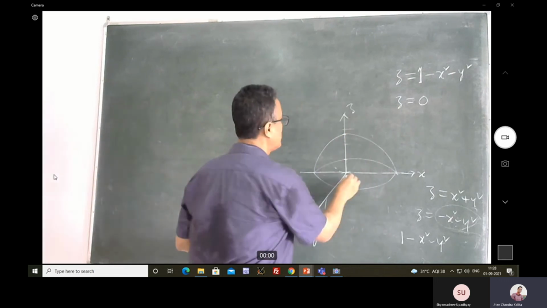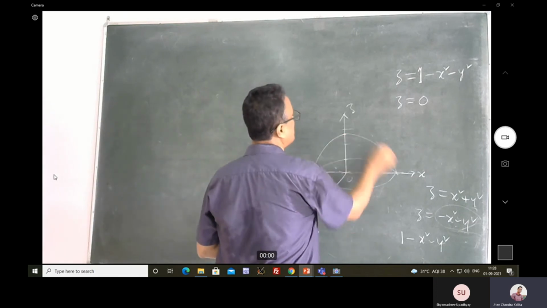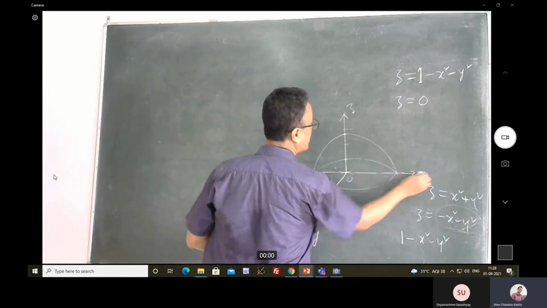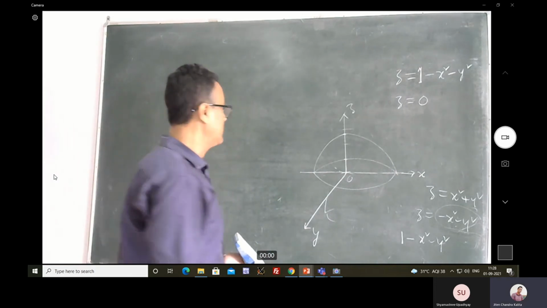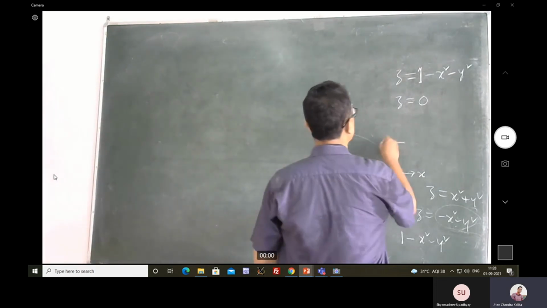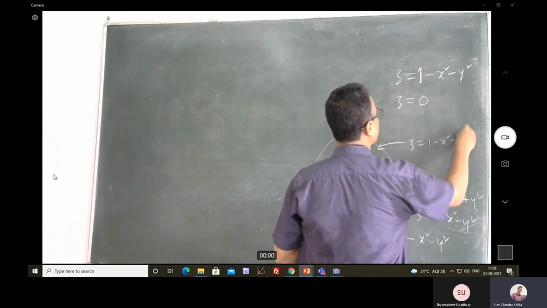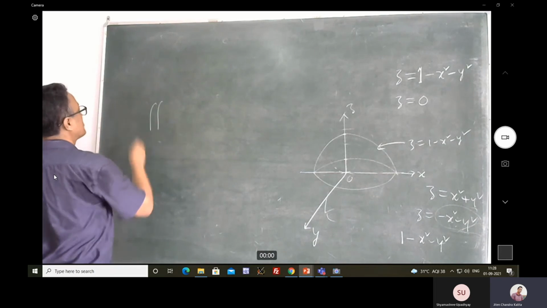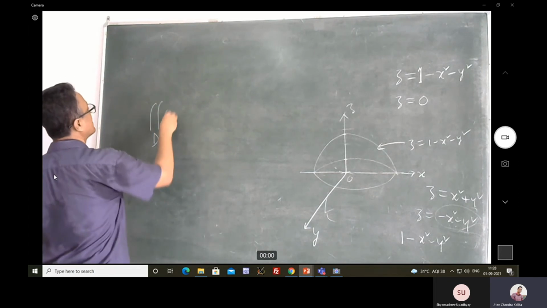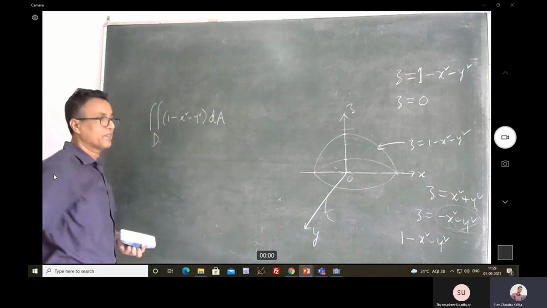So now you see that we have to find the volume below this paraboloid and above this plane, z equal to 0. So this is z equal to 1 minus x squared minus y squared. So basically we have to evaluate the double integral of 1 minus x squared minus y squared dA, right?